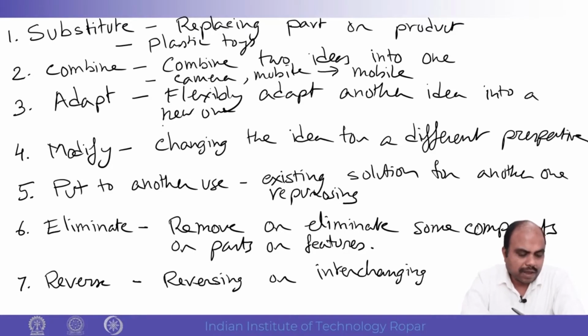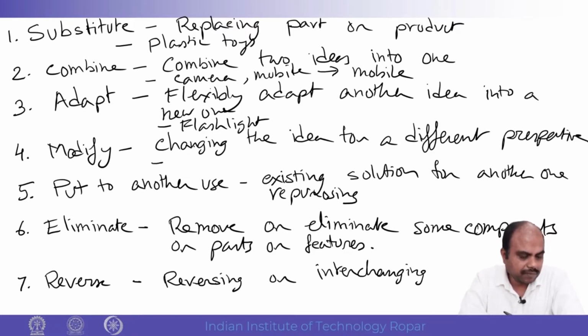Adapt. Once camera is there, mobile is there, then people start feeling that we should also enable them to take photos in the night. So we need a flashlight. So this is being added to a mobile. So we are adapting it.